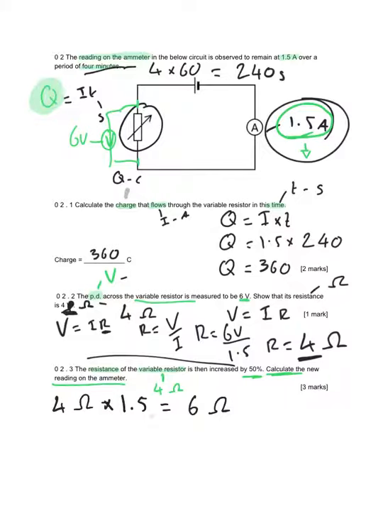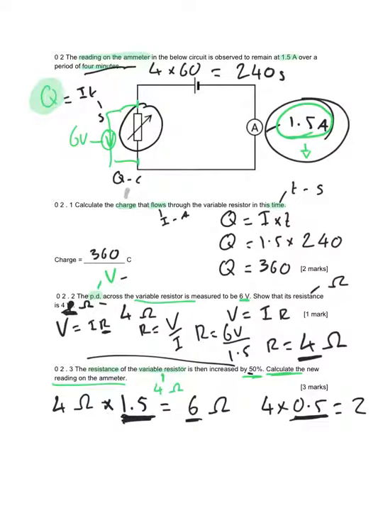Remember that multiplying by a number greater than 1 increases its value. If I wanted to find 50% of 4, I'd do 4 times 0.5, which would give me 2. That would give me a smaller number. So to increase by a percentage, it's an important thing to remember: we increase it by 1 point, and whatever that digit says there. So that's the first part of the question done.